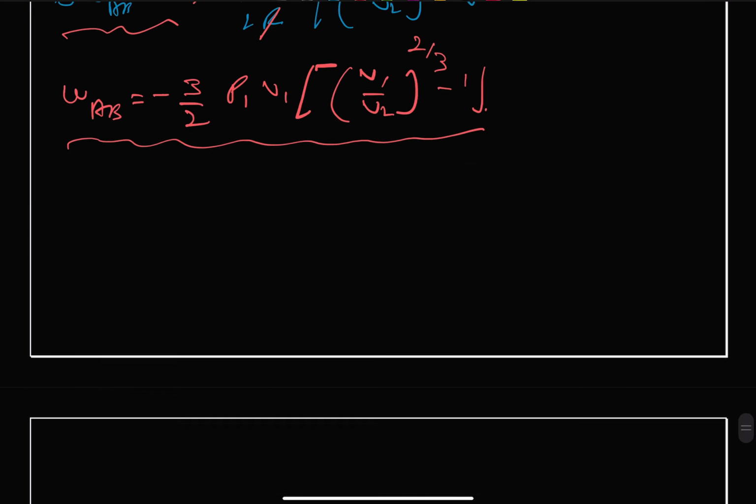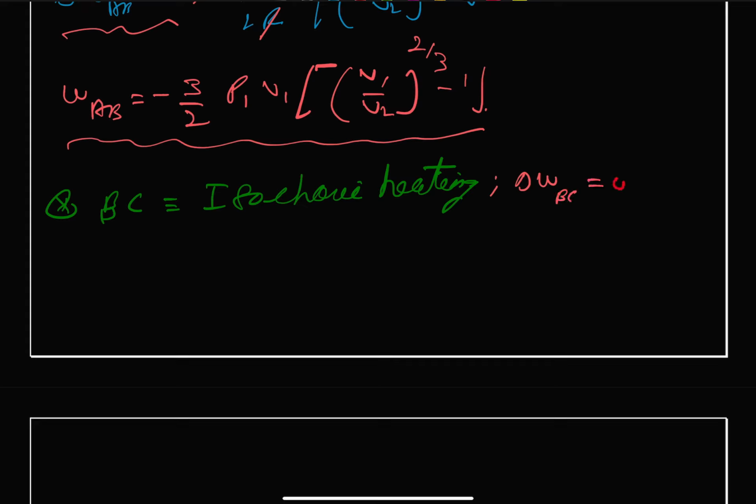We can say our B to C, which is our isochoric heating. Because it is isochoric, therefore we can say that the work done for our BC will be equal to 0.